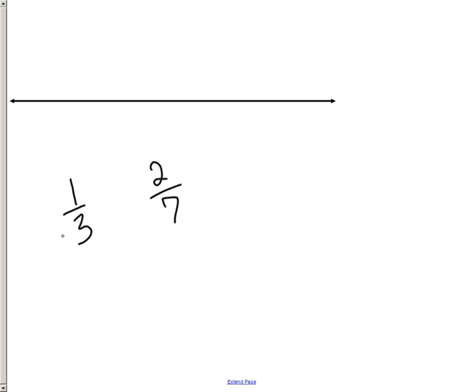You notice they're both positive, so we probably need to start at 0. And let's just count up by, I would start by the higher denominator first. Let's count by sevenths. So 1/7, 2/7, 3/7, and I'm going to go all the way to 1.